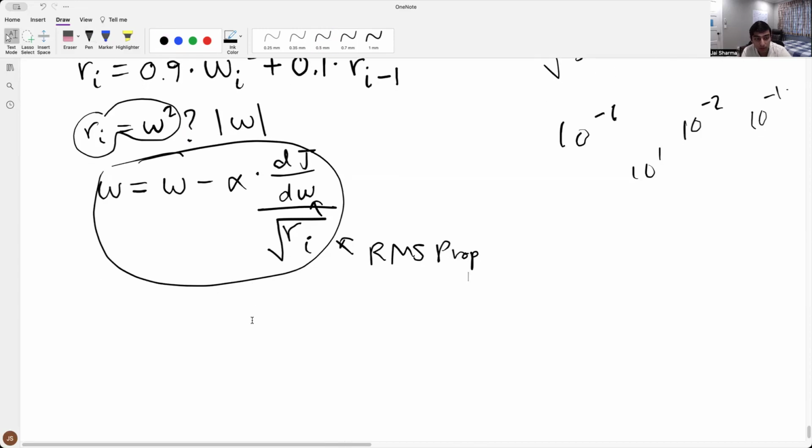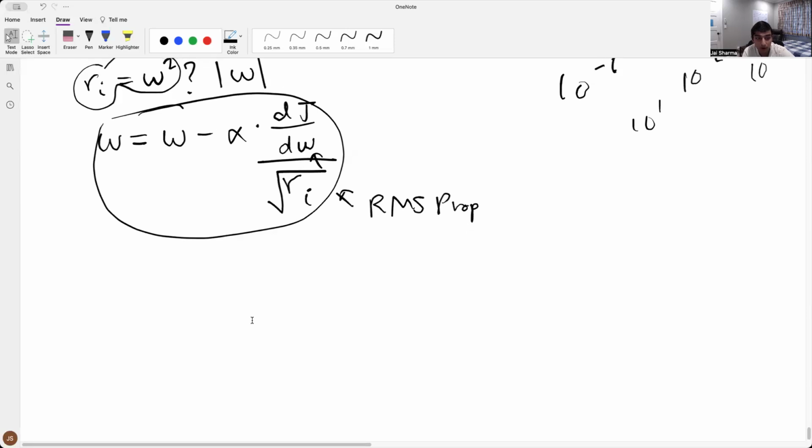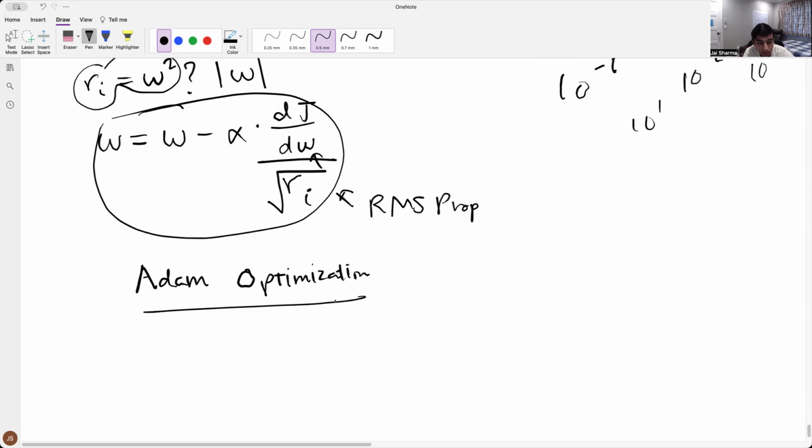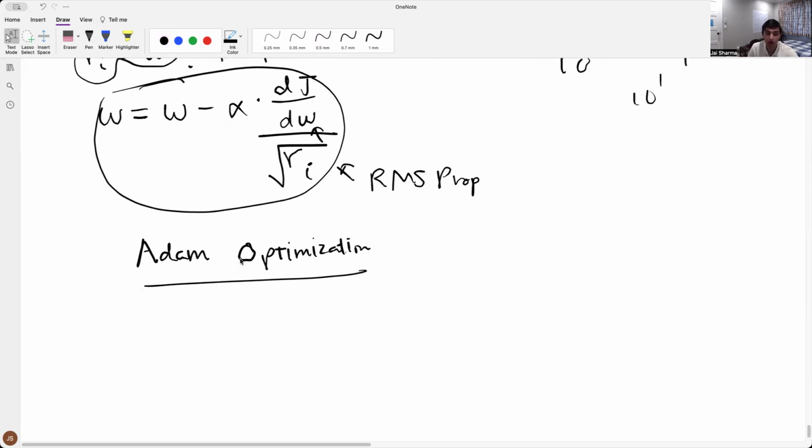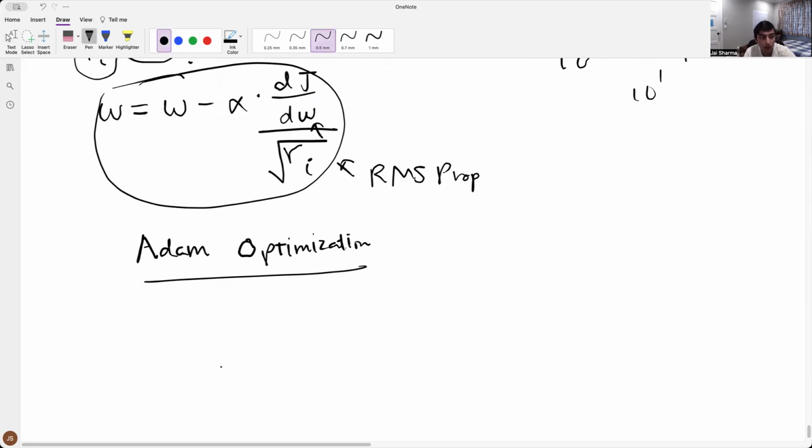And really quickly, we can just figure out what Adam optimization is from here. So for Adam optimization, we take in momentum and we take in whatever RMSProp was that we just figured out about.